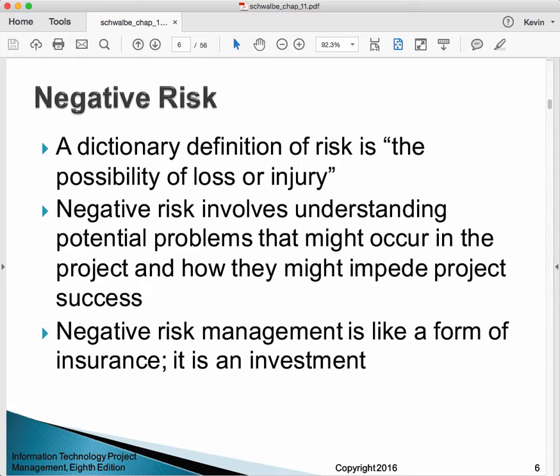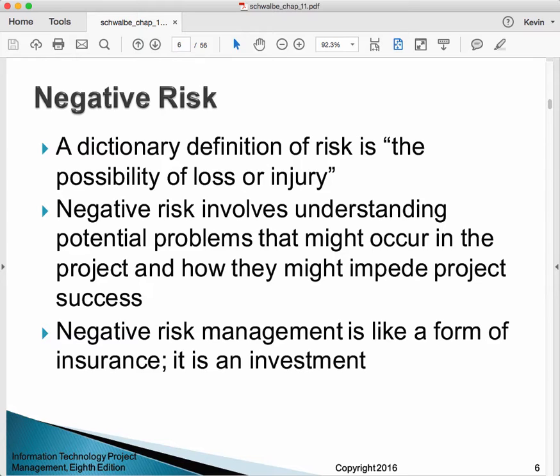Let's say we have a car, and we know the expectation that we have is it's not going to get into a collision, but we know there's a risk it will, and that's a bad outcome for us. So we buy collision insurance and we have to pay for that.